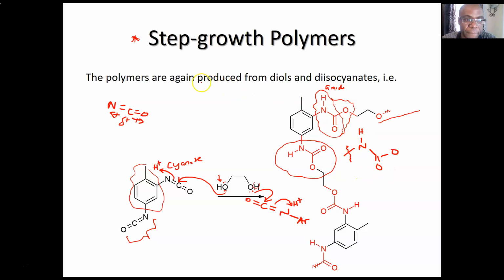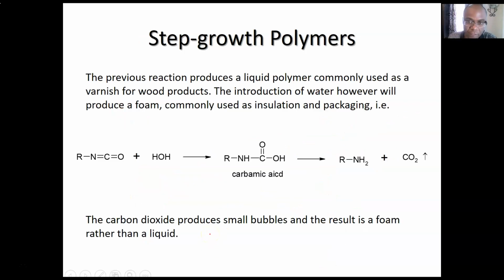So you will have added the alcohol piece. This is the diol piece that's added onto the cyanate. It looks complex, but it happens.